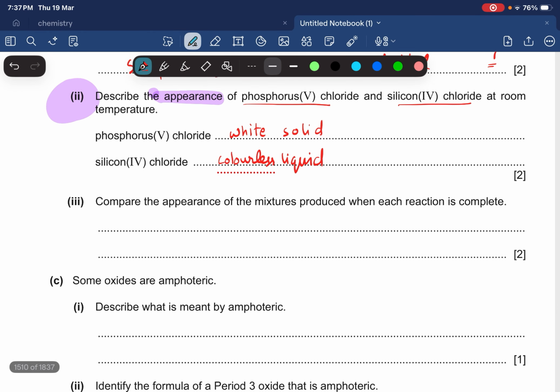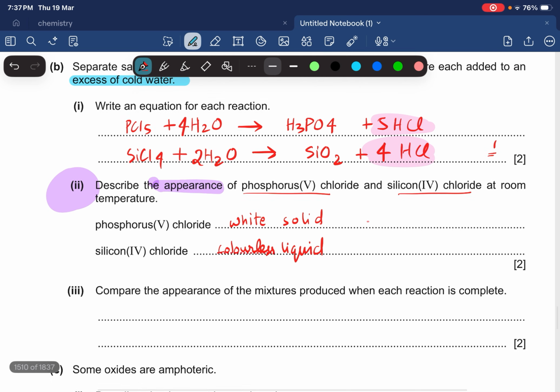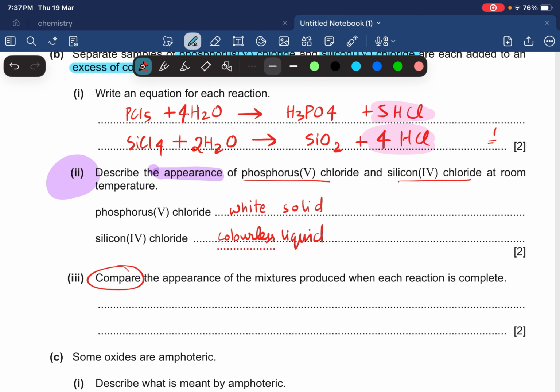Compare the appearance of the mixtures produced when each reaction is complete. Over here you know that we're producing HCl, and whenever we're producing HCl in any reaction, we see white steamy fumes of HCl. To compare means you can write both the differences as well as similarities. So the first thing is white steamy fumes seen for both reactions.